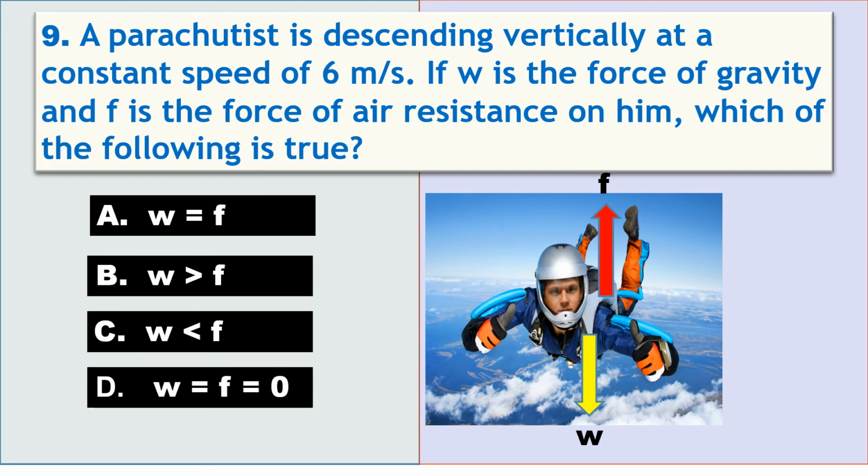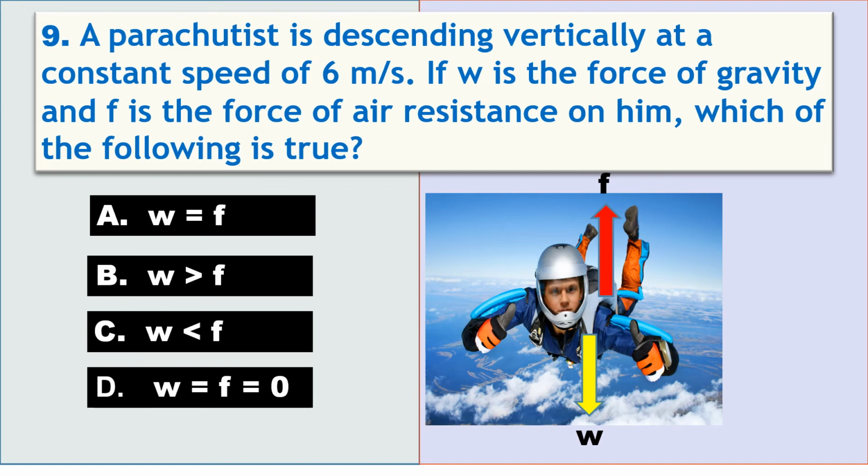Now, the key word in the problem is that the parachutist is descending vertically at a constant speed of 6 meters per second. Sometimes we also call this the terminal velocity.